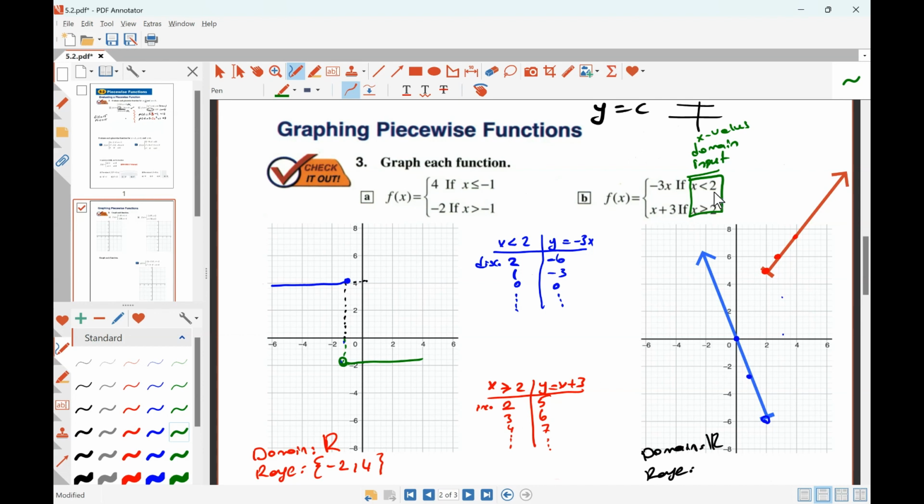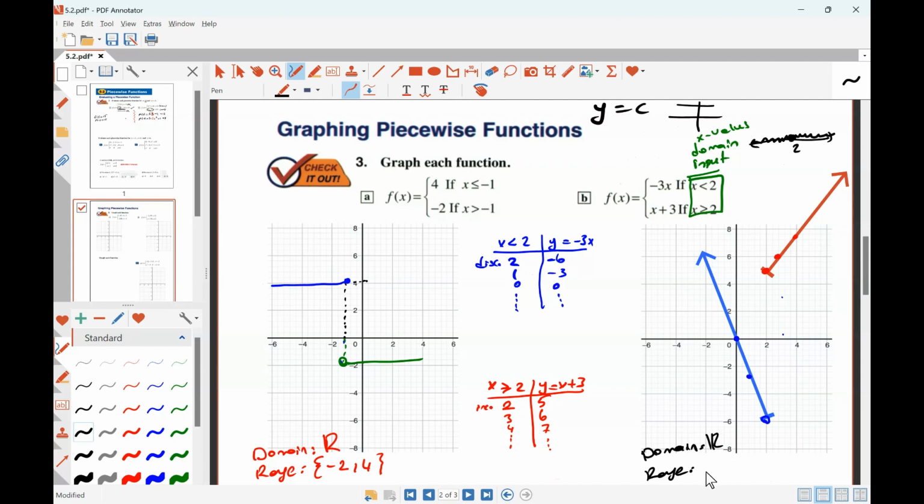So when you look at the domain part, we have numbers less than 2. You can make a number line to see it clearly. Numbers less than 2, you shade the left side of 2. Numbers greater than or equal to 2, you shade the right side of 2 including 2. So there is no gap. Everything is included. Less than 2, greater than 2, including 2. So all real numbers are possible for the domain.